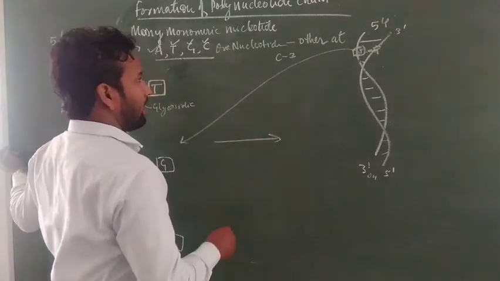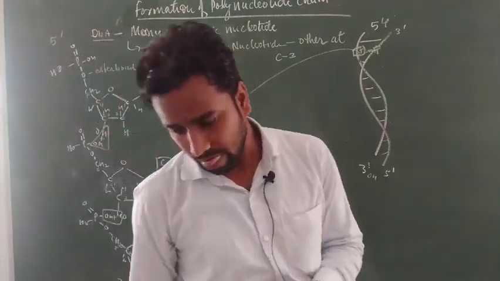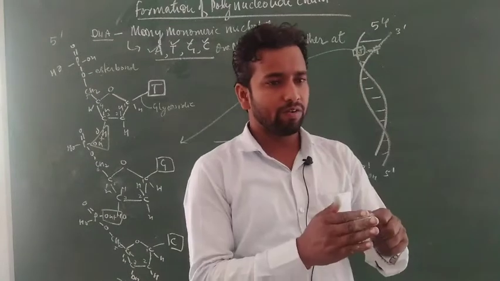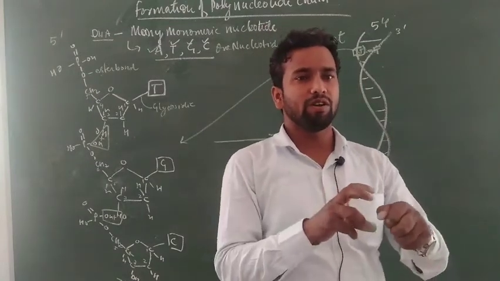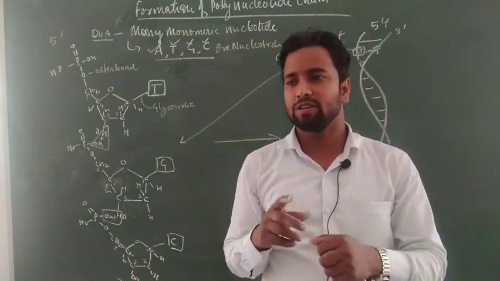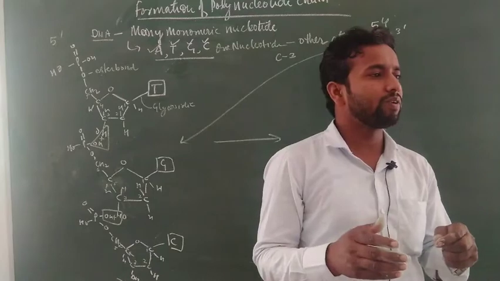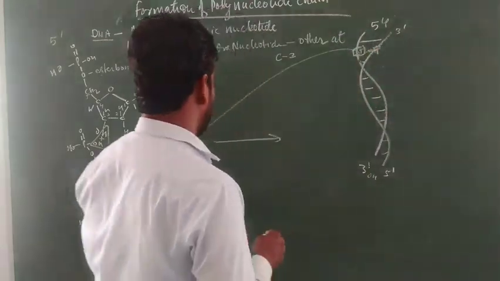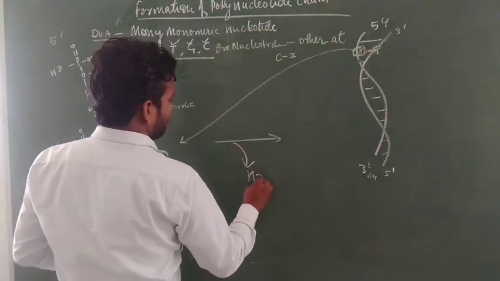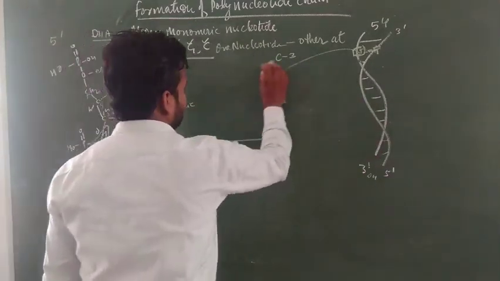Clear? And during each nucleotide combination, when one nucleotide joins with another, one water molecule is released. It generally forms a bond known as ester bond again. One water molecule is released at this position.